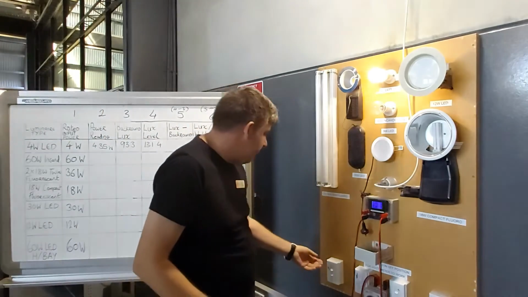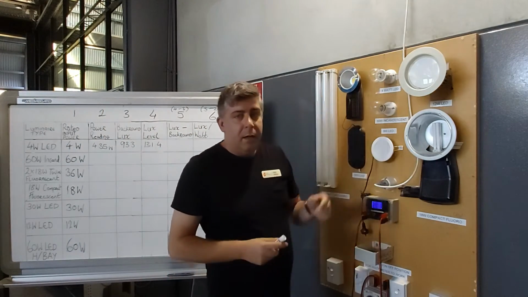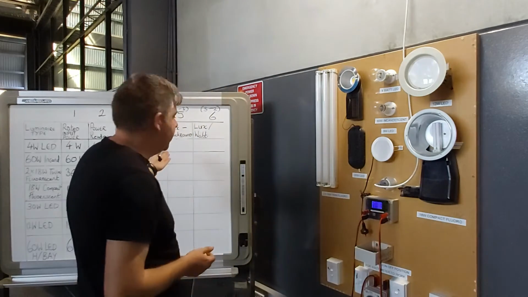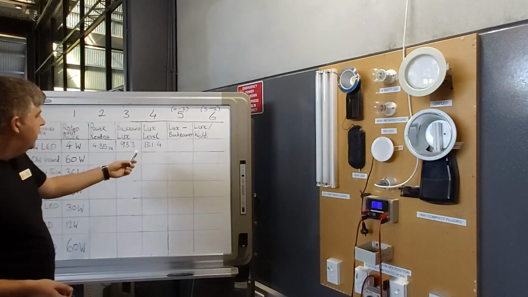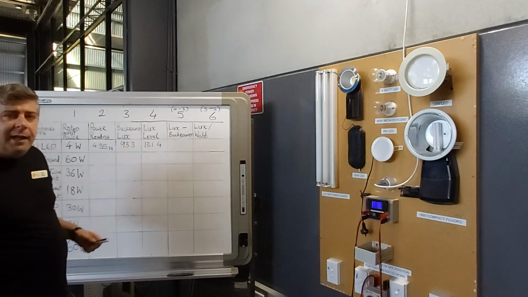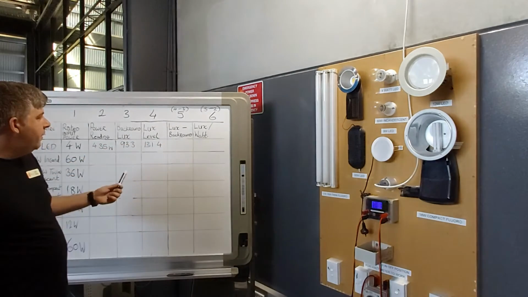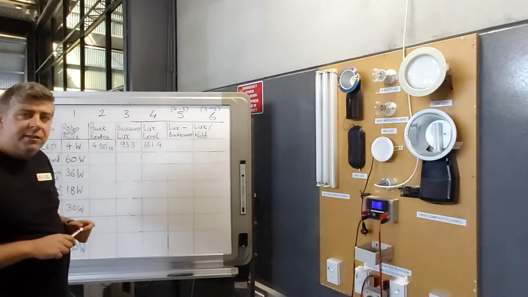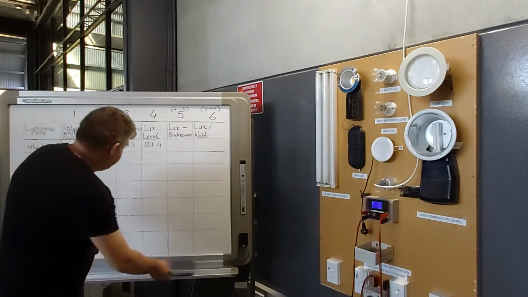Now that I've completed my reading, I can turn back on my overhead light here, and I've got to do some calculations. If I take away the background light level from the light level with the light on, I can now find out how much lux the light itself is producing.